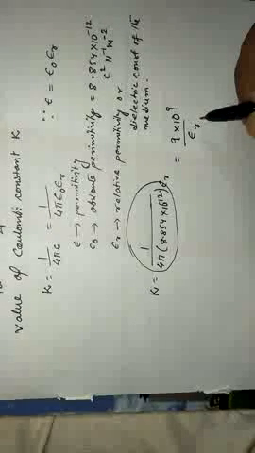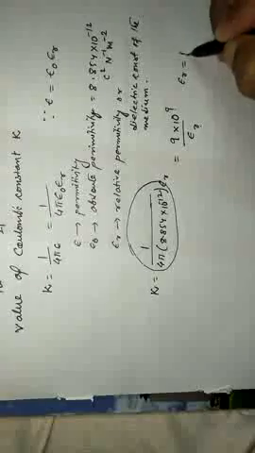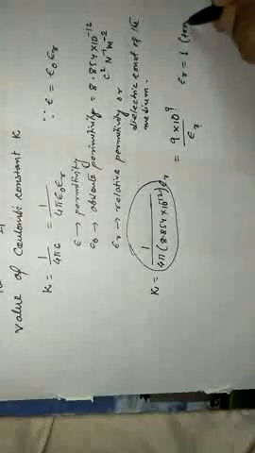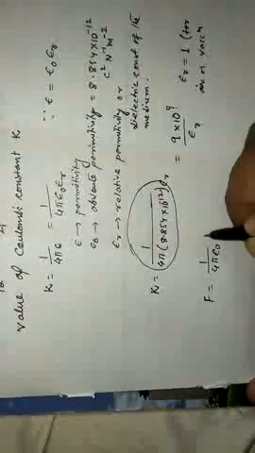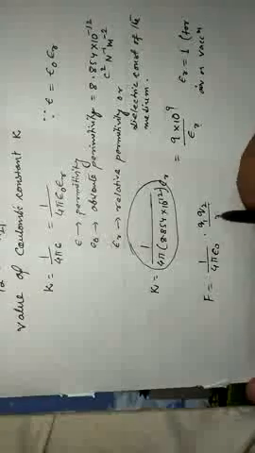Now if the charges are placed in free space, free space meaning vacuum or air, then epsilon r is taken to be 1 for air or vacuum. Then we can write F is equal to 1 by 4 pi epsilon naught into Q1 Q2 divided by r squared.